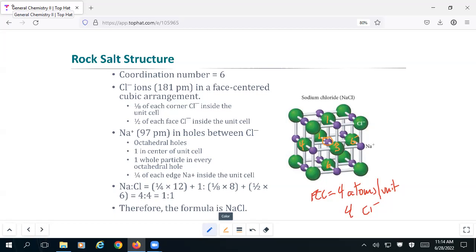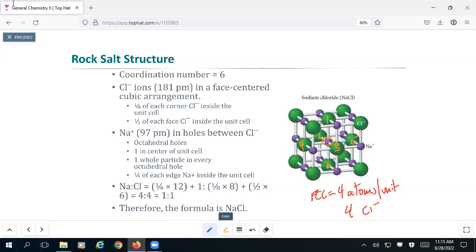So if you do the counting there, what you'll see is that you've got the 1 sodium here in the body plus a whole bunch of these here on the edges. And remember that edge ions are 1/4 atom per cell.